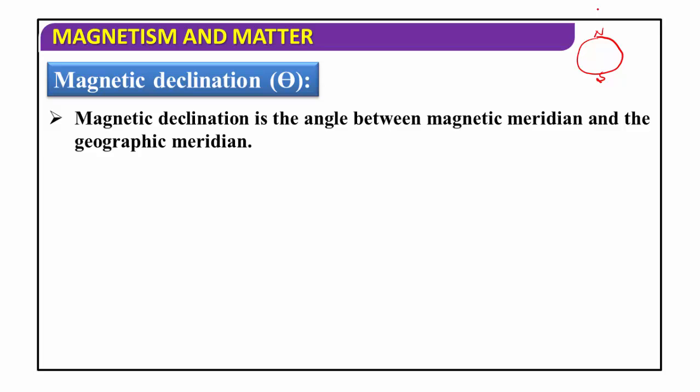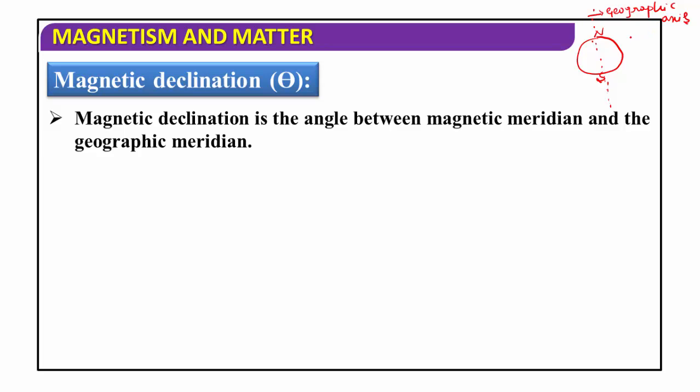A straight line passing through the geographic north pole to the geographic south pole is called the geographic axis. This is the geographic axis of this earth.